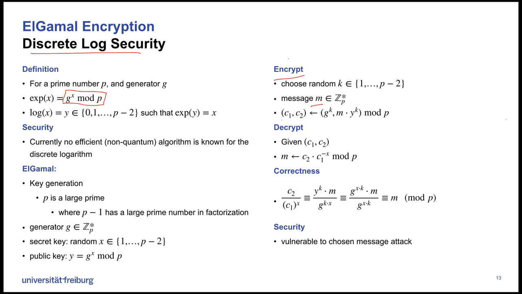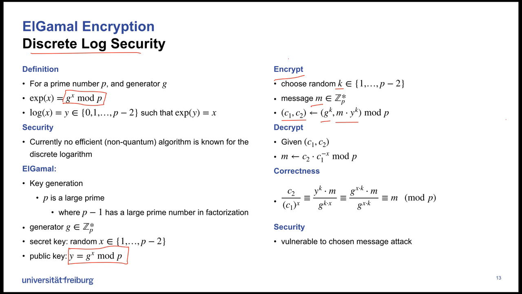The first one uses this one-way function, but with a new random number, so the first number is basically completely random, but we have some knowledge about it. And we use it by multiplying the message with the public key to the same power, and the public key is also using this exponential function.